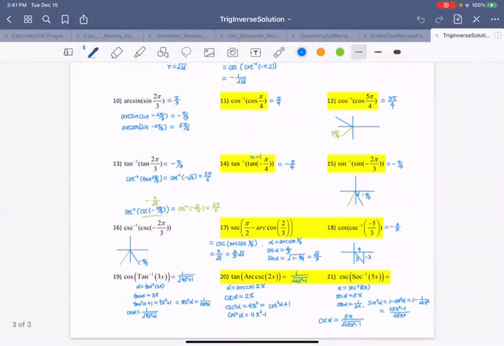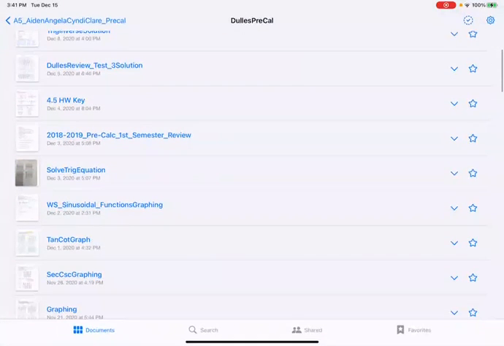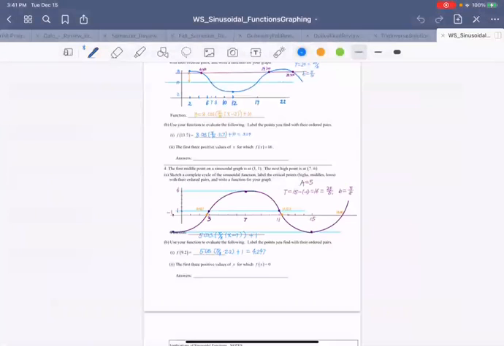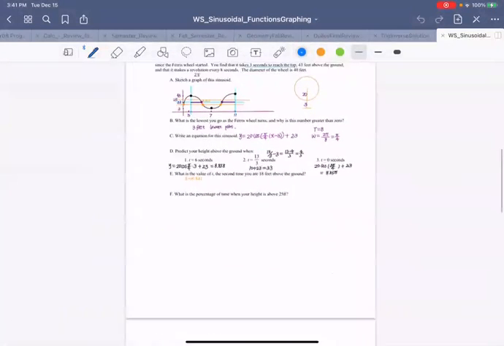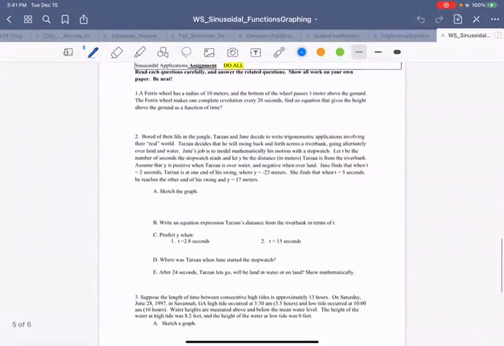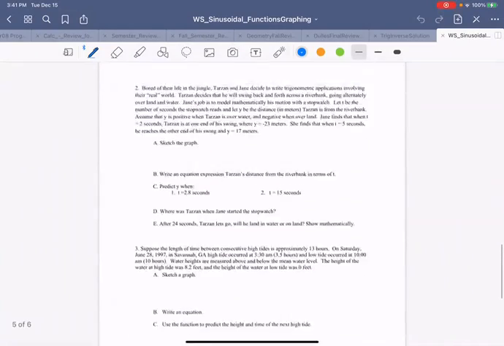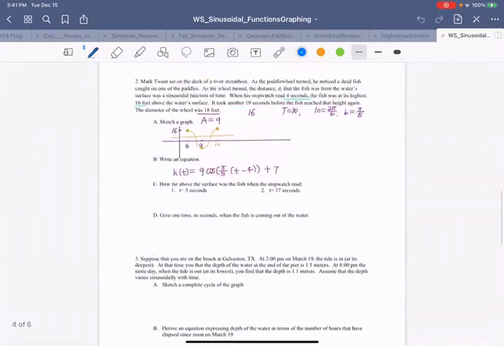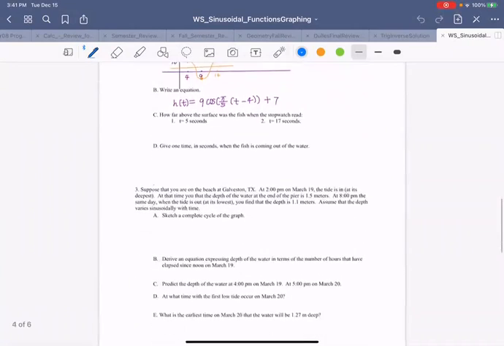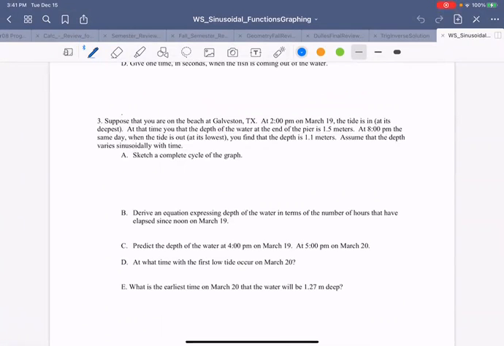It's not so hard for the final review. Yeah, well, we might want to visit this kind of graphing question. Yeah, we still have 20 minutes. Let's see a few word problems.